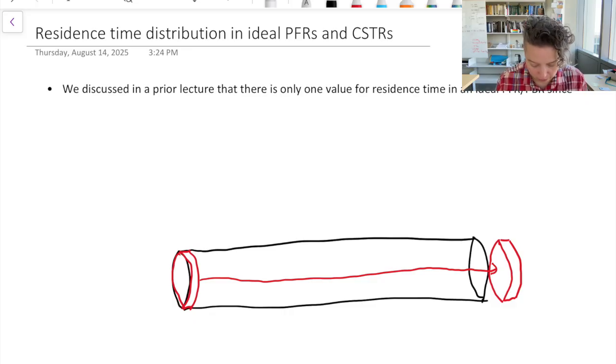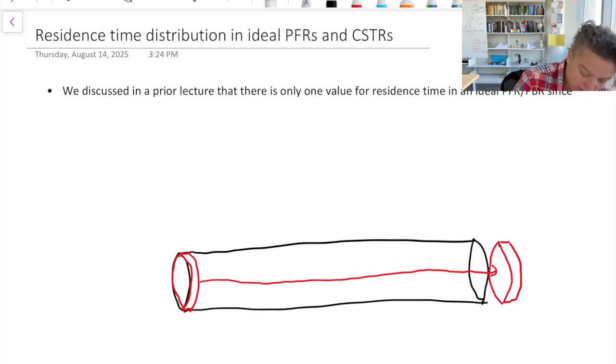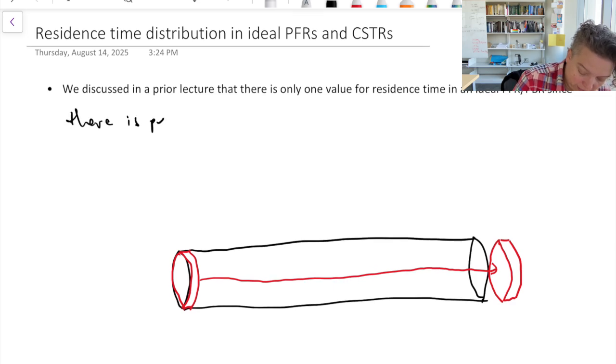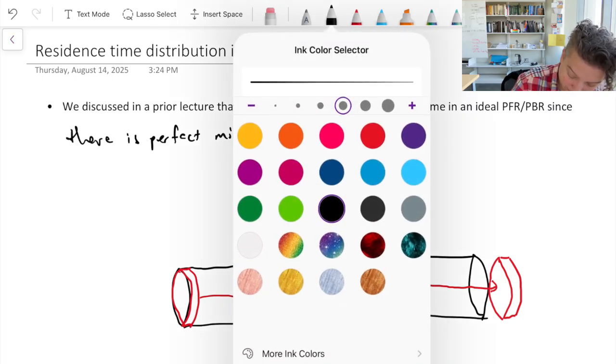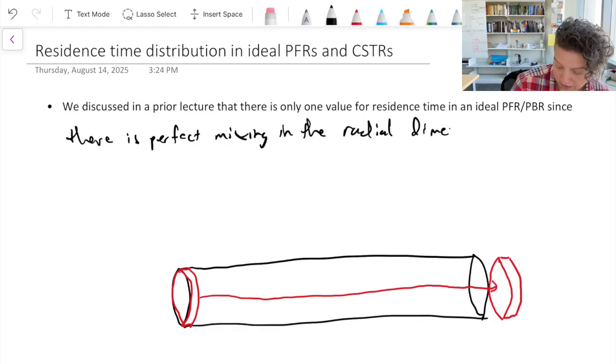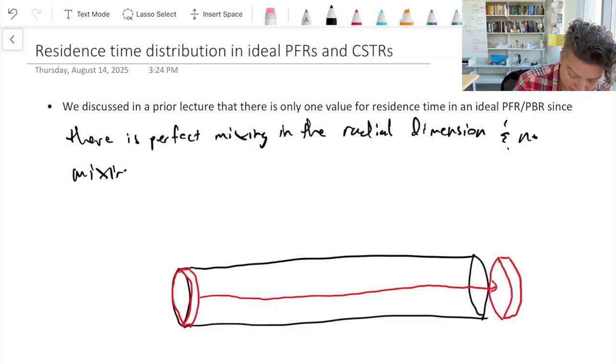We discussed in a prior lecture that there is only one value for residence time in an ideal PFR or PBR, and that is because there is perfect mixing in the radial dimension and no mixing in the axial dimension.